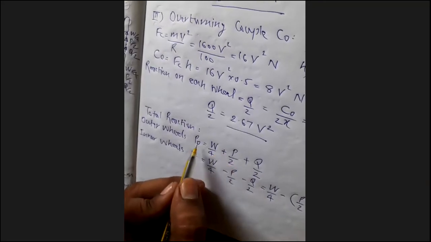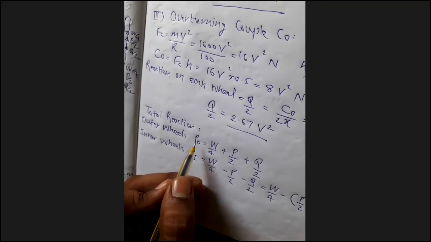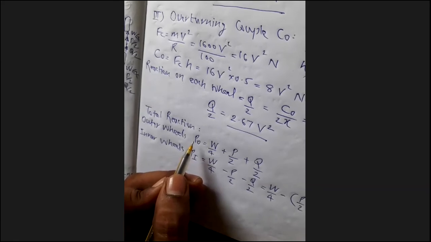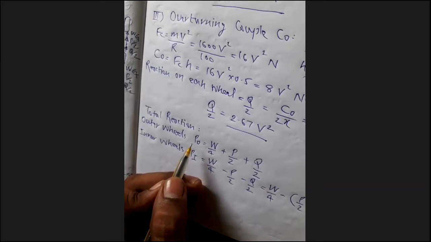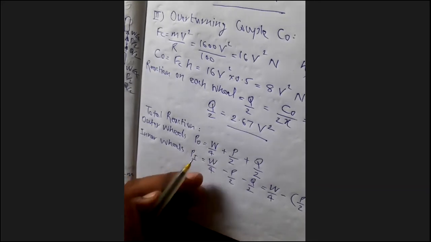So outer wheels will always have positive reaction; this reaction will always be upward. That means the outer wheel will never lose contact with the ground surface. And this is what we observe practically. When the vehicle takes a turn, the outer wheel never loses contact with the road surface. It is the inner wheel that loses contact with the road surface, right?